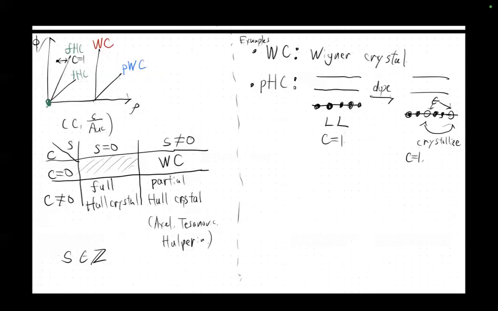There's an epsilon difference between them, right? So if I want to compute F over A_UC, what I need to do is to extend this line with the same slope and then look at the intercept here. So in this case, what we'll find is that F over A_UC is equal to minus the absolute value of epsilon. So F is given by the amount of doping you did relative to a fully filled Landau level in this example.